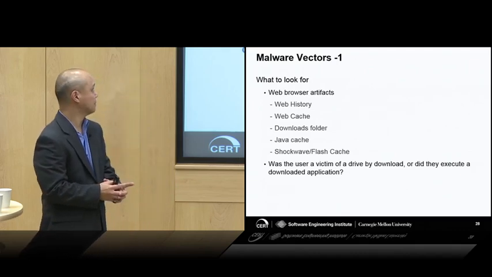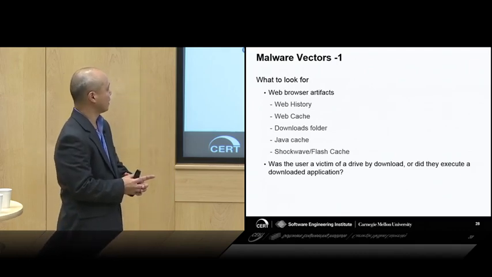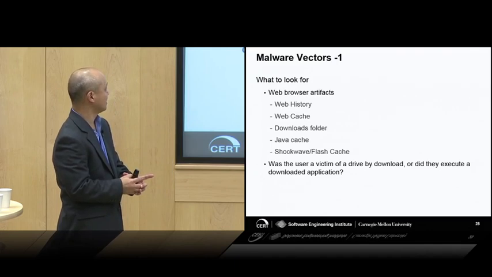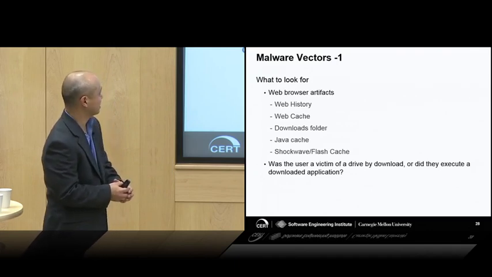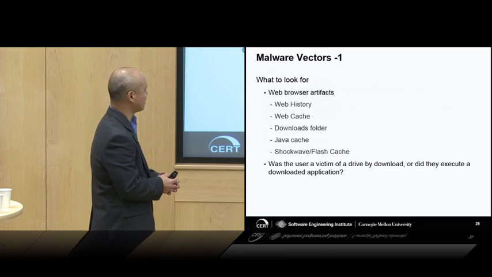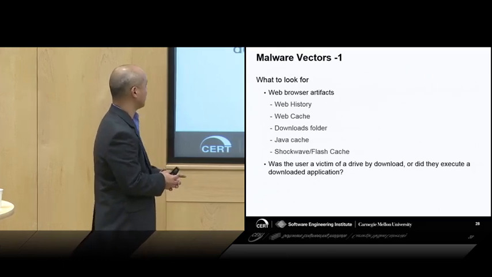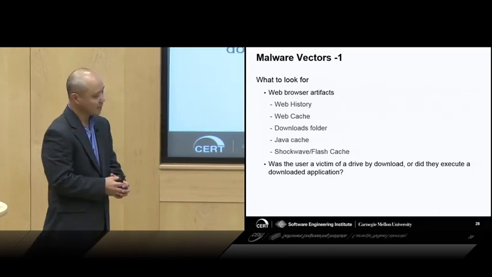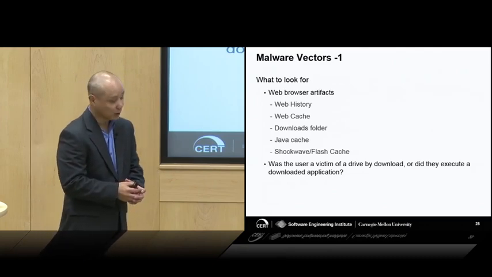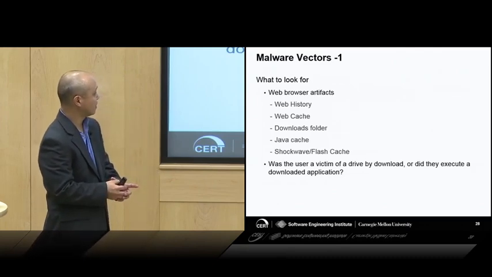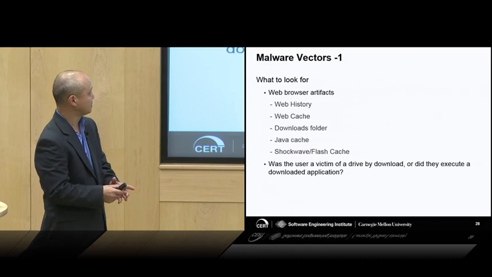Some of those are pretty good places to look for unusual activity. And then this question: was the user a victim of a drive-by download, or did they execute a downloaded application? Sometimes you'll have to go look at the execution piece of that to figure out when that happened.